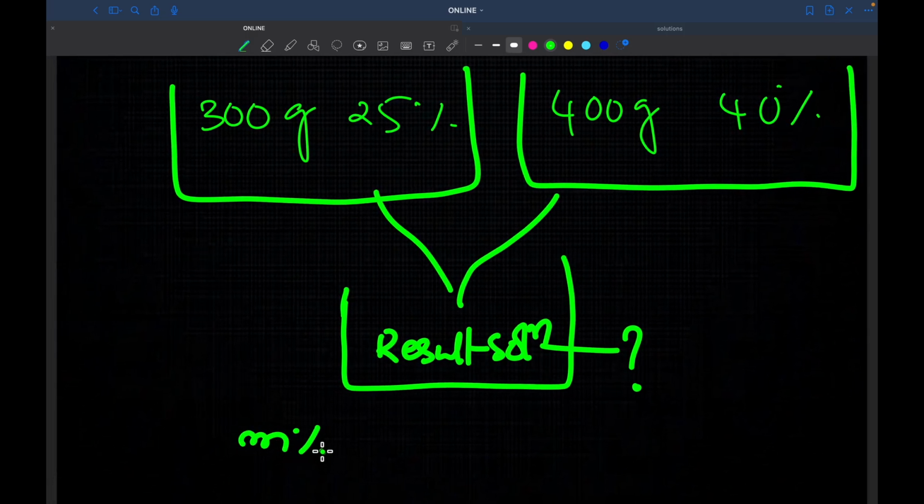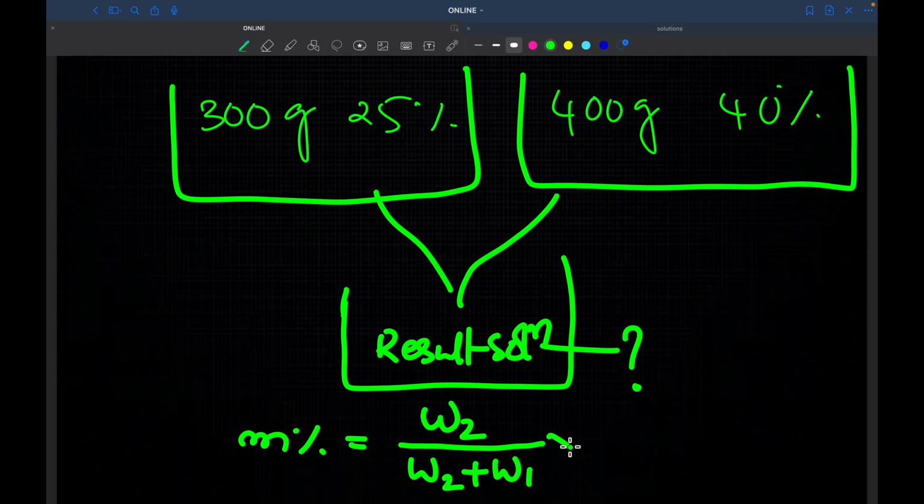We are asked to calculate the mass percentage. We should know the mass of solute, W2, over W2 plus W1, add both. So this is the total solution, into 100, to be calculated.